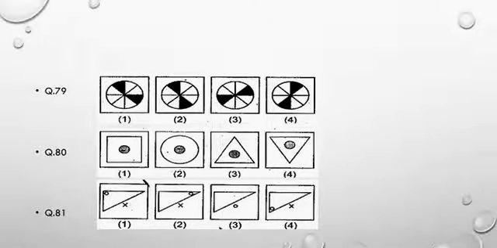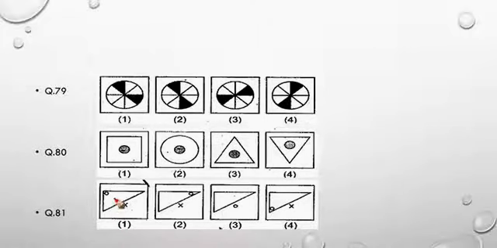In this question, there are 4 options given. In each option, there is a triangle which is same in all 4 options. In option 1, when we closely see, there are 2 more designs.